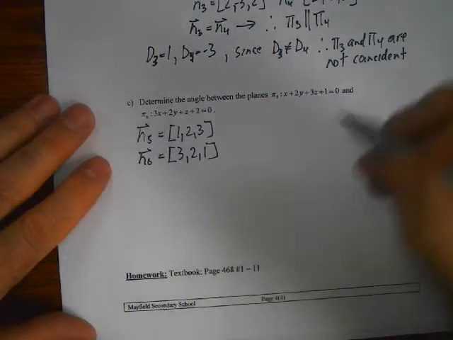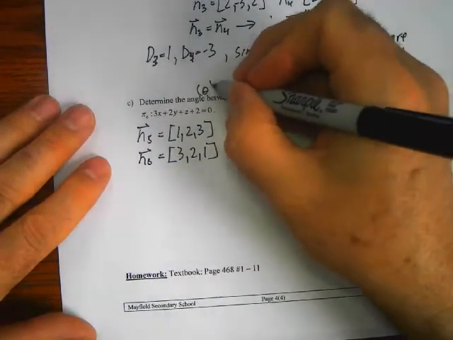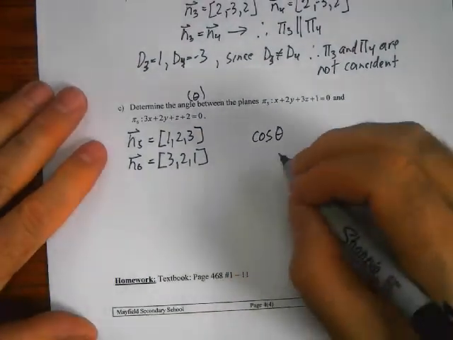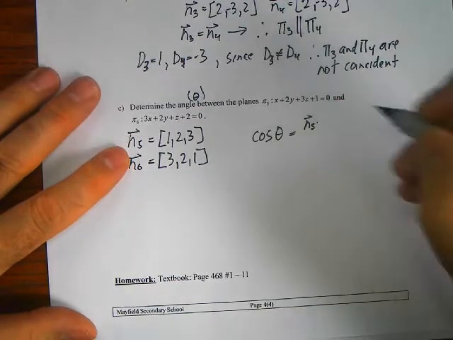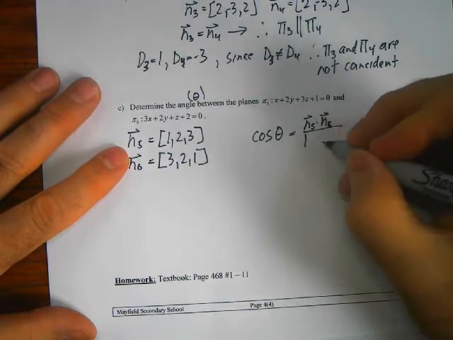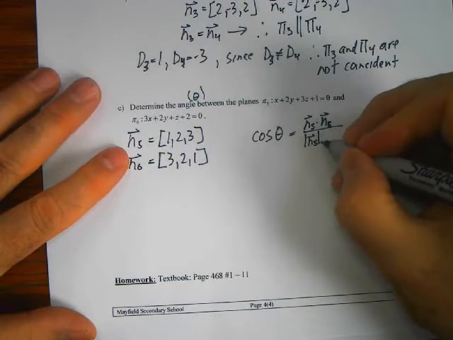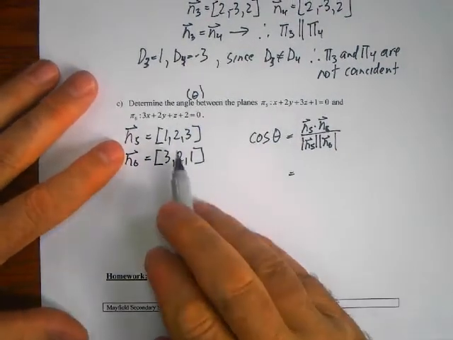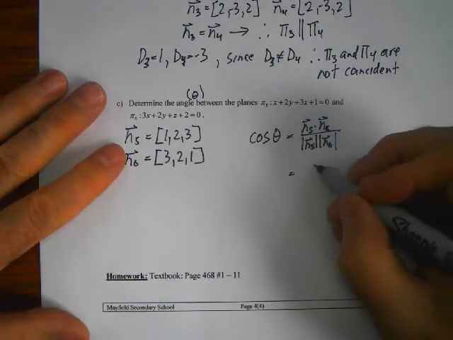Okay, so if you remember the formula to get the angle, we call the angle theta like we always seem to do. Cos theta is equal to the dot product of the two normals, n5 and n6, over the product of their magnitudes. If we do the dot product, we get 3 plus 4 plus 3, so that's going to be 10.